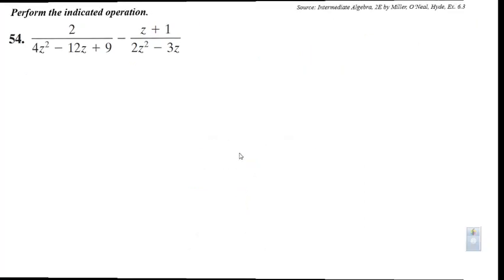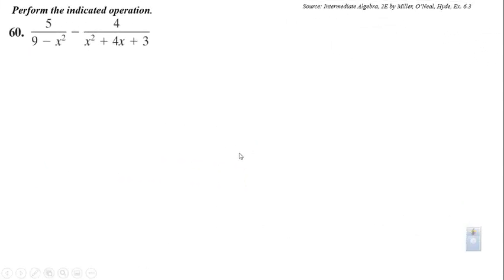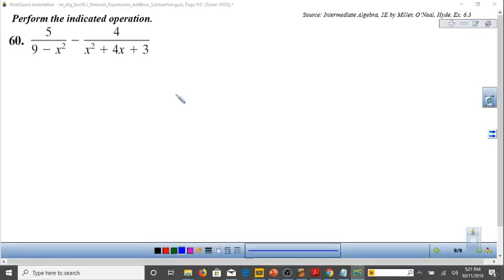Now let's move on to the next example. Let's see what we can do with this one. So with this one here, I'm going to do a little trick to help us with a little factoring. This is 9 minus x squared, and this is not going to give us 3 minus x. So what I am going to do is I'm going to do a little rearranging.